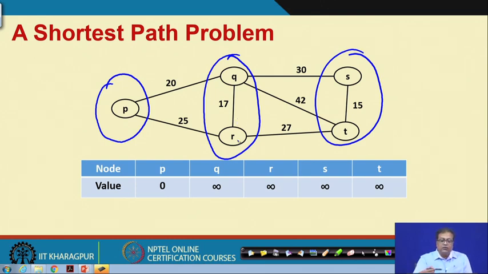But supposing we also have a path between Q and R, or in this case a path between S and T, then you cannot really say that these are one set of cities and these are another set of cities, and go from this set to this set to this set. That is not possible.